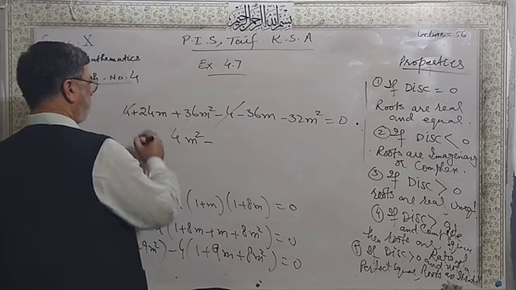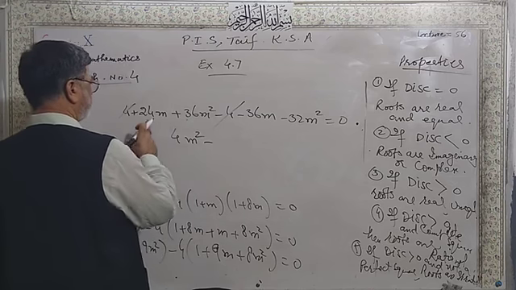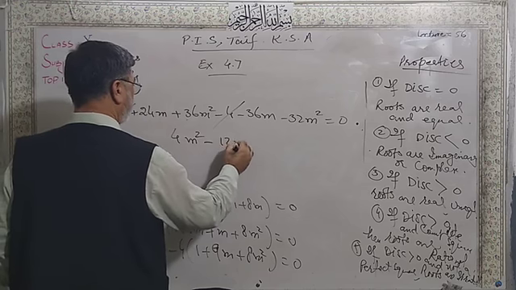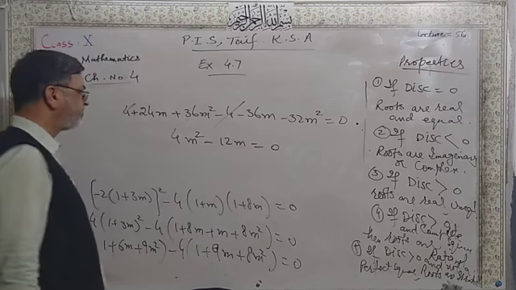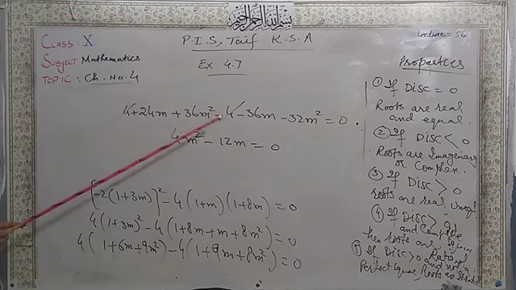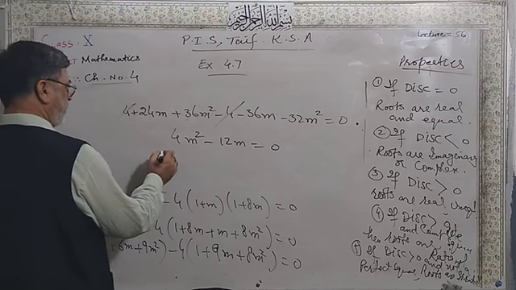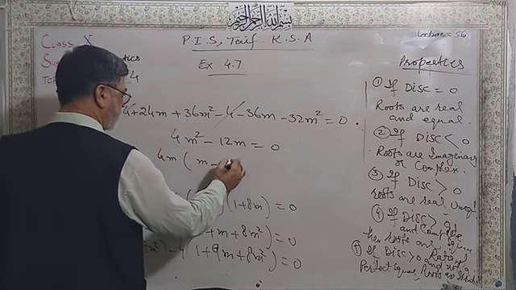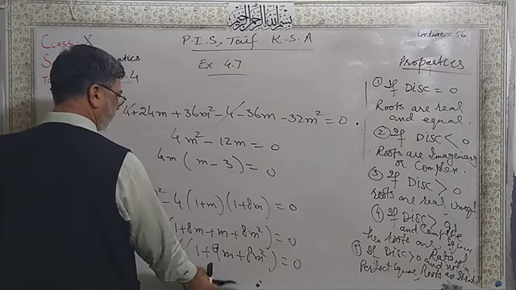That will be, yes, minus 12m. So 4m square minus 12m is equal to 0. You can take 4m common: m minus 3 is equal to 0.